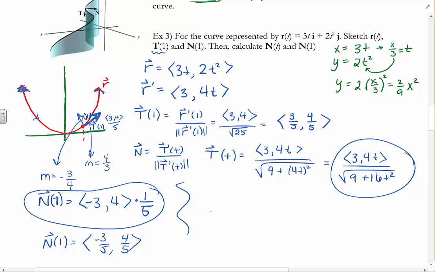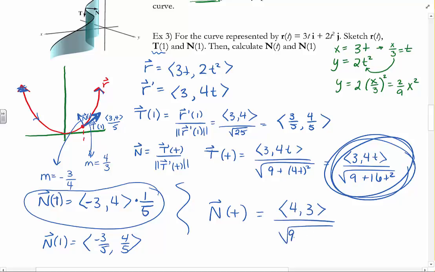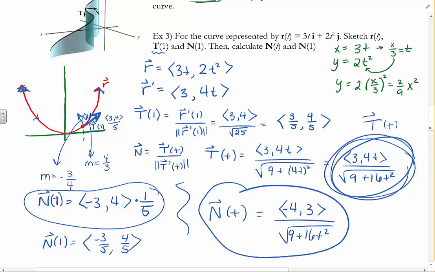And if you wanted n of t, I would just take T of t, which is right here, swap the x and the y, the magnitude would stay the same, and pick one of them to negate, and again I need to go to the left, so I would negate that one. So your principal unit normal vector is just that guy, and then this is your unit tangent vector.